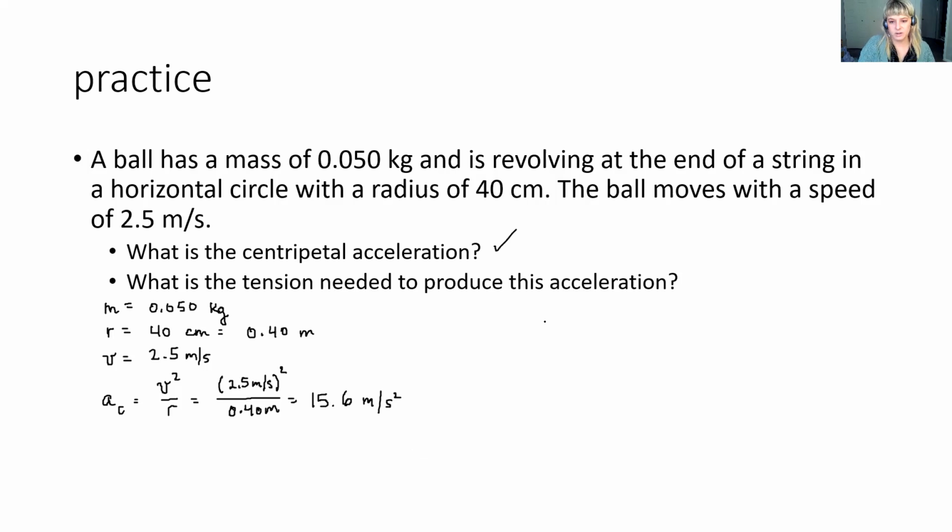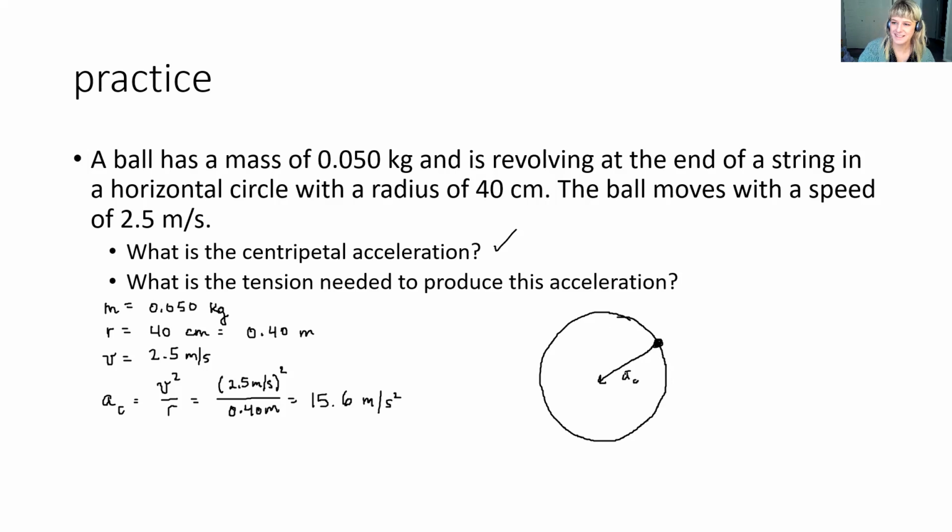The next part is asking what is the tension needed to produce this acceleration. I'm doing a top-down view of this. Here's my ball, say for example at this point, moving at a constant speed in the circle. Acceleration points towards the center of the circle.